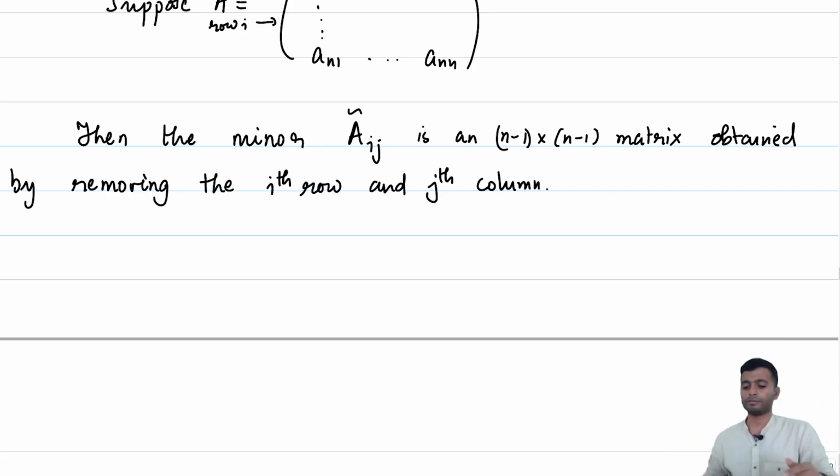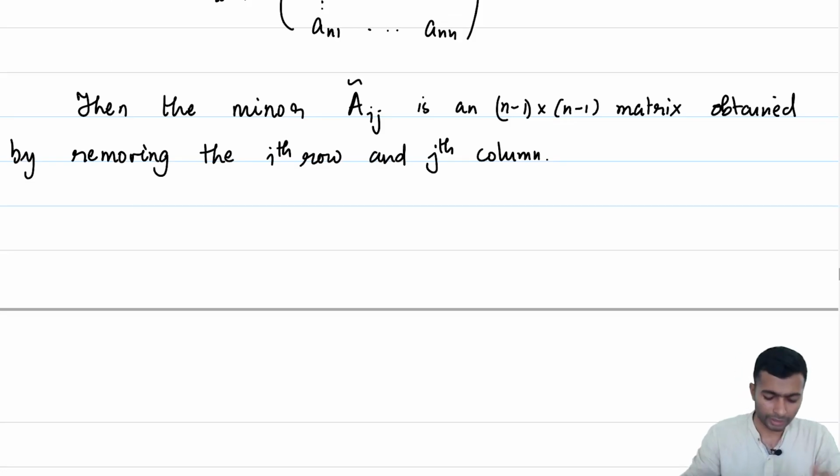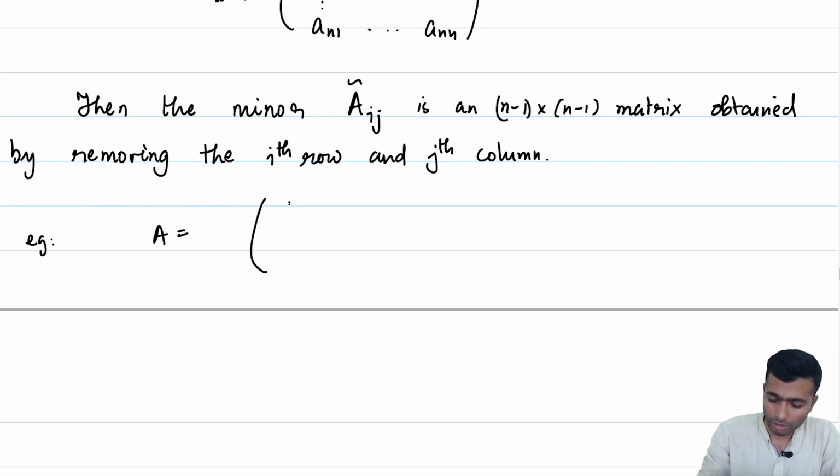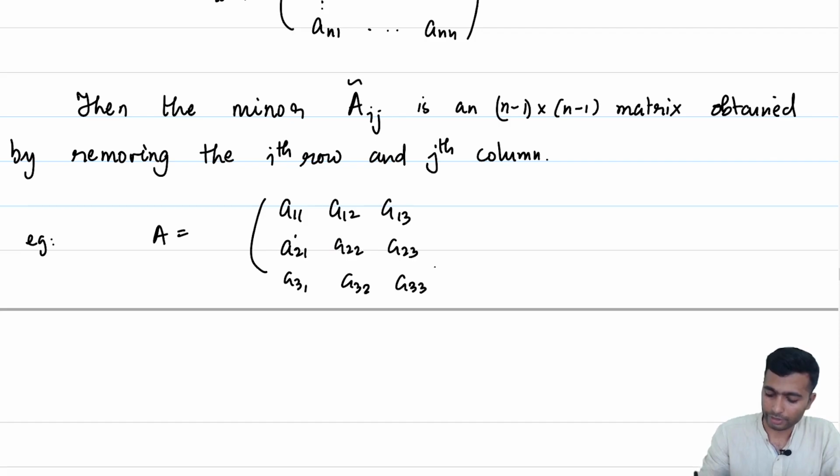So, let us look at the case when n is equal to 3. So, for example, suppose A is A11, A12, A13, A21, A22, A23 and A31, A32, A33.